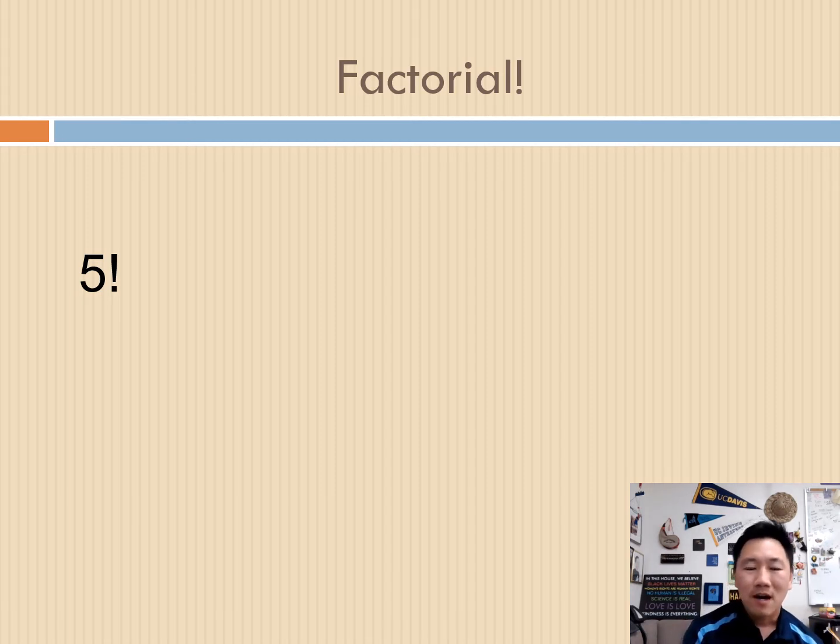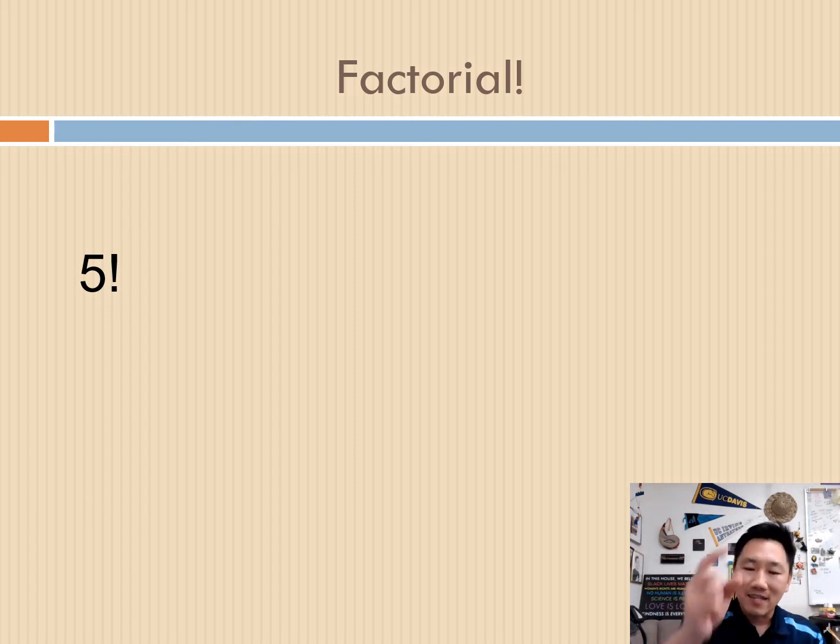factorial. As you can see, there's a 5 and then there's an exclamation mark next to the 5. That actually means something. In mathematics, the exclamation mark is a factorial symbol. So the way you say this problem is 5 factorial.